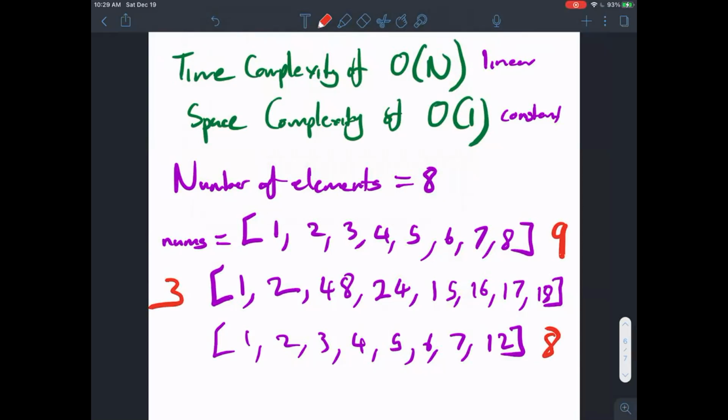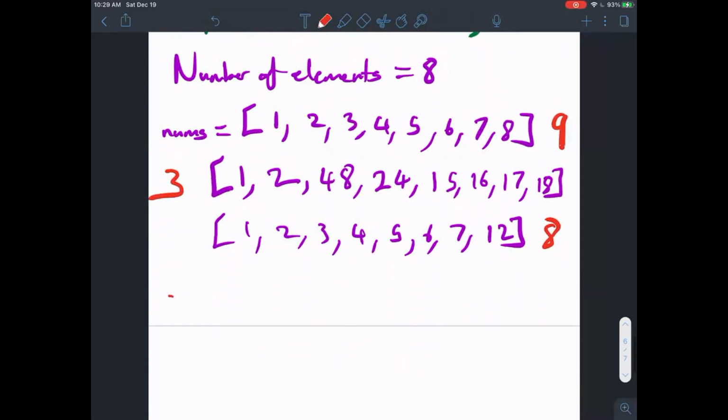Okay. And then what's the maximum possible first missing positive number? If the number of elements is 8, going through this, this one shows all the other elements in order.